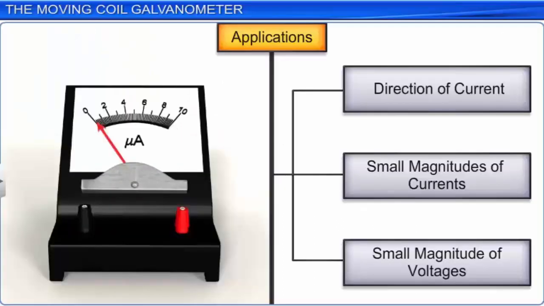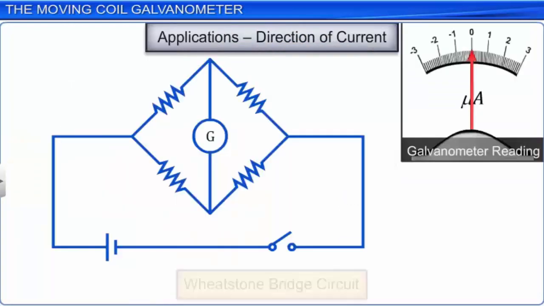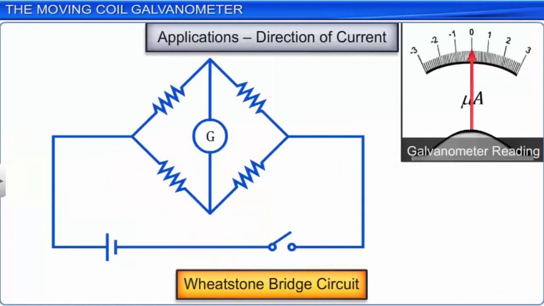As we discussed in the beginning of the module, a moving coil galvanometer has some applications. Let us begin our discussion with its application in the detection of the direction of current in a given circuit. Consider a Wheatstone bridge circuit, which we learnt earlier. In this circuit, a galvanometer is used to detect the direction of current in the bridge part of the circuit.